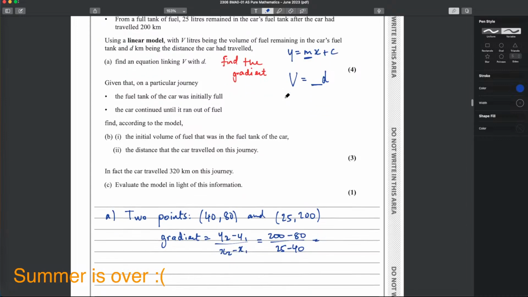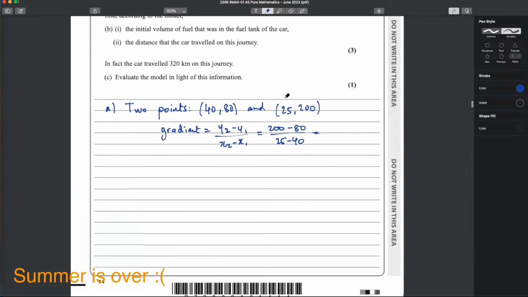Yeah, that's why it's a negative gradient. So it's 120 over negative 15, which is 20 over 3.